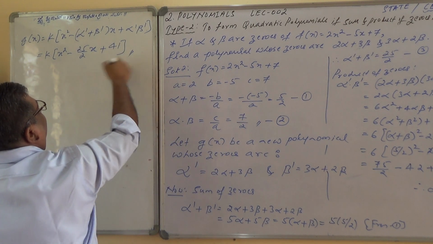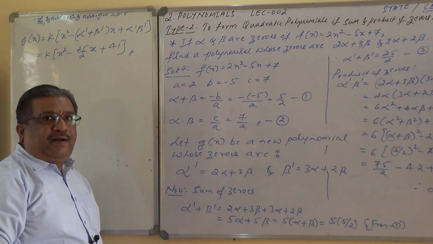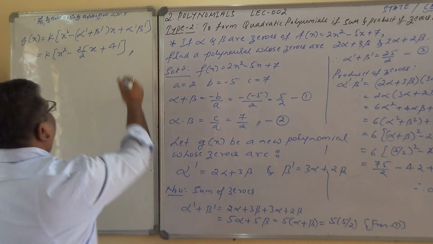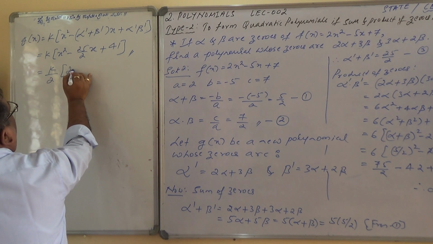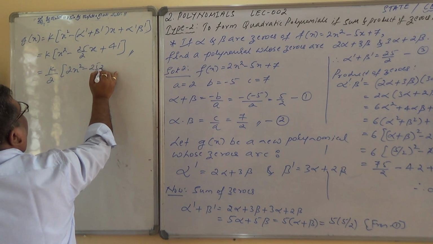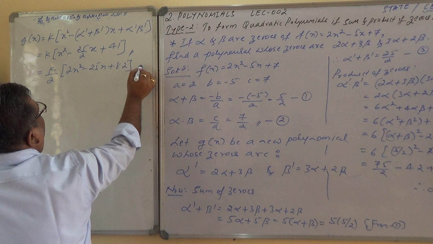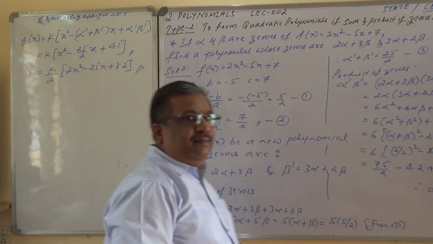So here I'll end this question. Or you can take the LCM also. If I take the LCM, I'll get k by 2 times (2x square minus 25x plus 82), which is the quadratic polynomial.